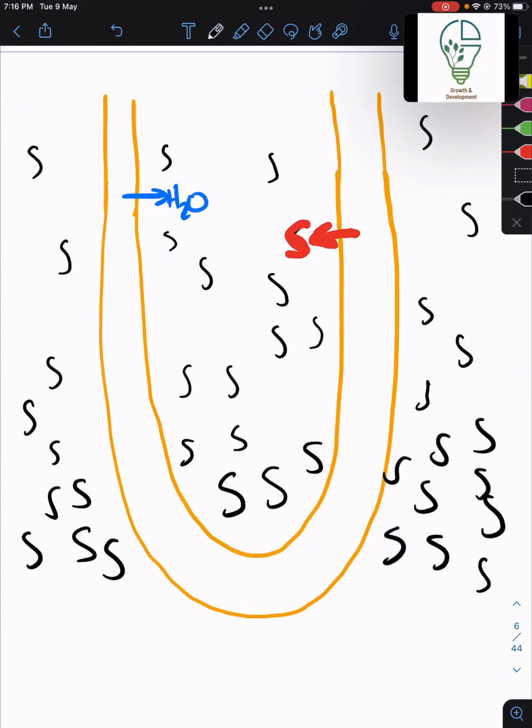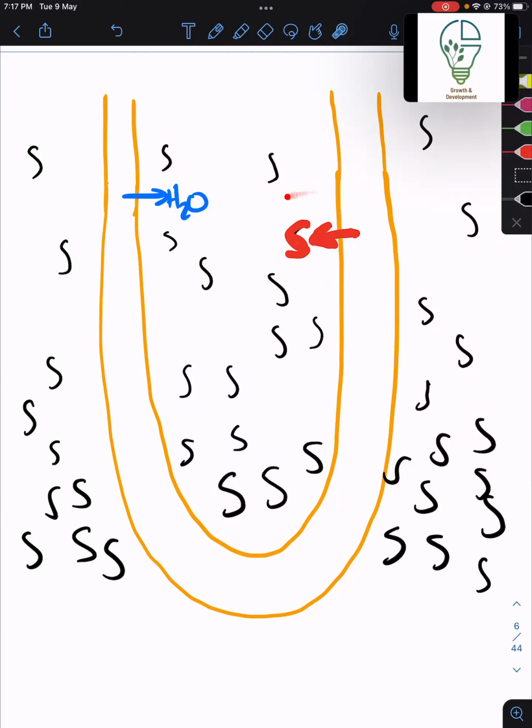The next thing I want to go over is this loop of Henle over here. As you can see, I have my descending loop, and then my ascending loop over here. There are a couple of things I want you to know. The first is that the descending limb is only permeable to water. That's what I drew over here. The second thing is that the ascending limb is the opposite.